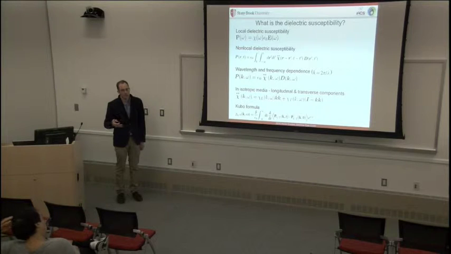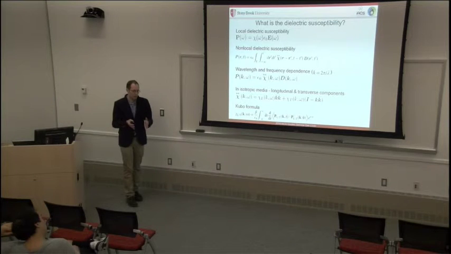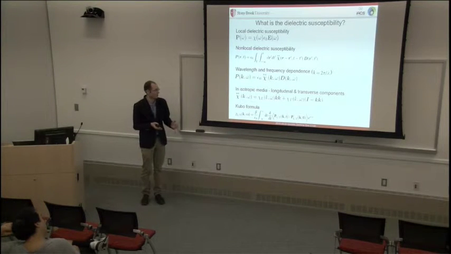Normally, we don't think about wavelength dependence because when you're probing with light, the wavelength is 800 nanometers, and it's much larger than the size of the molecules. So it normally doesn't matter, but we're interested in wavelength dependence or K-dependence, because that's where you can see the signatures of propagating phonons.